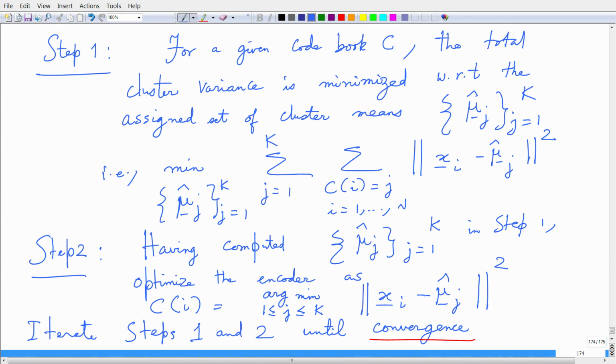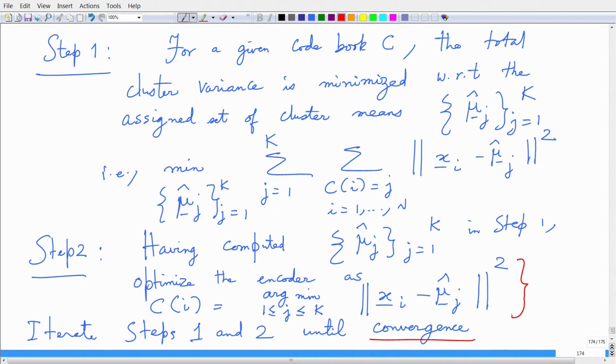Once we compute that distortion, we pick that value of j that gives the closest distortion for the data point x_i. That is, the code for the data point x_i would be that point j star, which is going to be the least of the distortion over all the j from 1 through k, right. This is sort of implied.